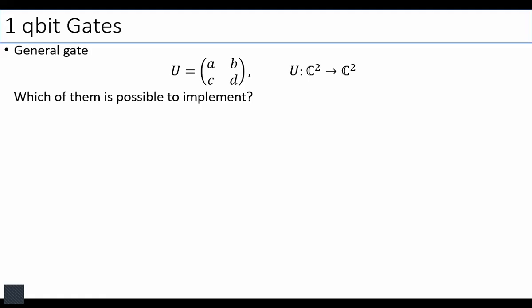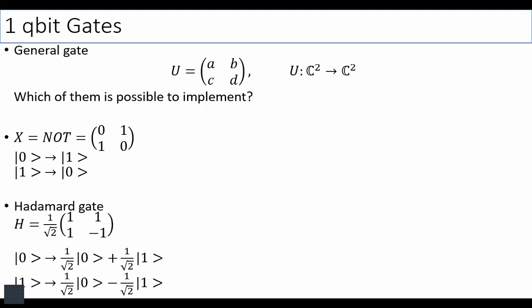But let us see certain fundamental gates. First of all, we already saw the NOT operator sending 0 to 1 and 1 to 0. And second, we saw the Hadamard gate, this matrix. But it is more important to just remember that it sends 0 to the normalized sum of 0 and 1, and sends 1 to the normalized difference of 0 and 1.